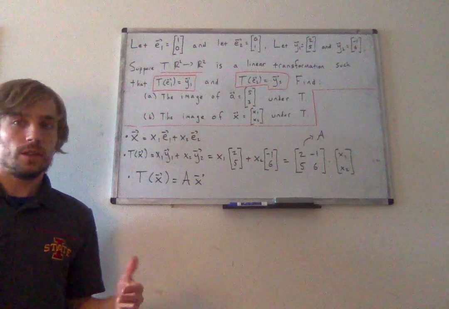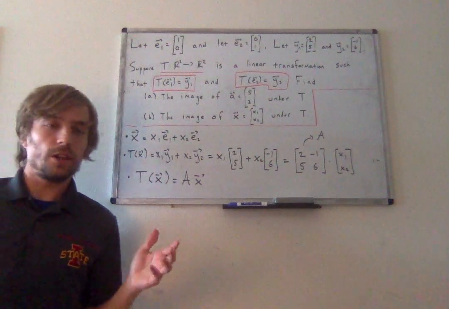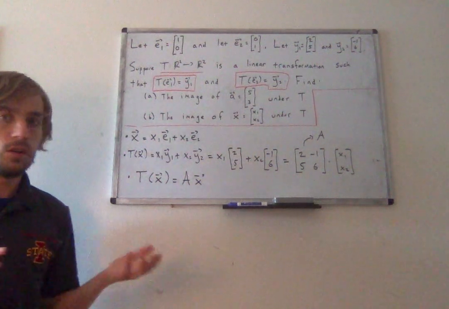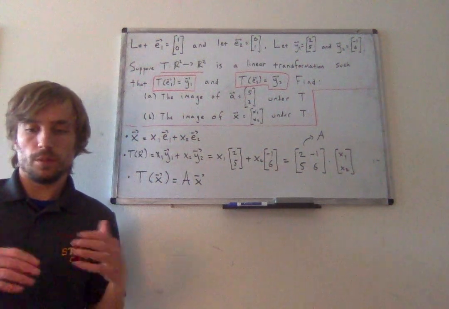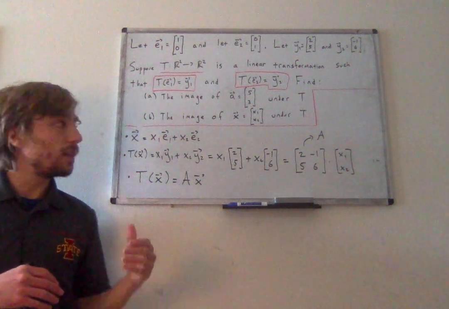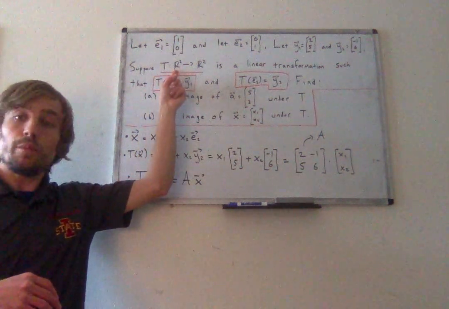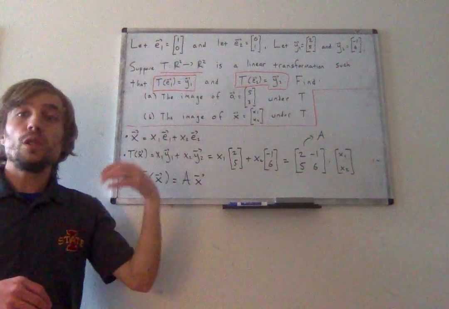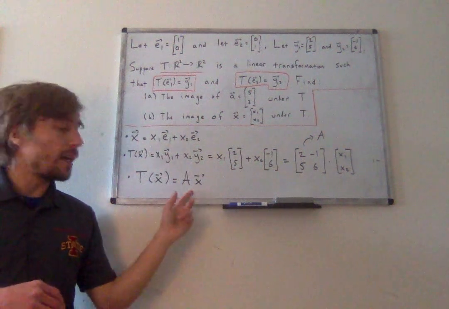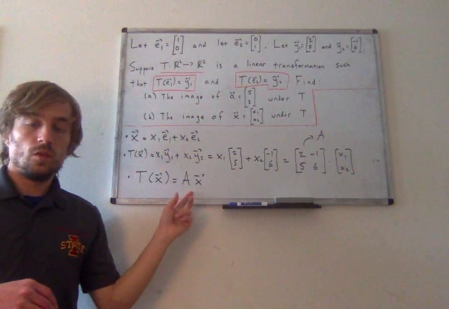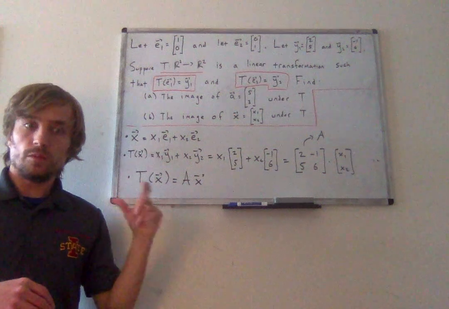So what we've learned, at least in R2, but we'll see very shortly that this applies to linear transformations from any space to any space, is that if I know what it does to the standard basis vectors in the domain, I can reconstruct a matrix A, which is the same linear transformation.